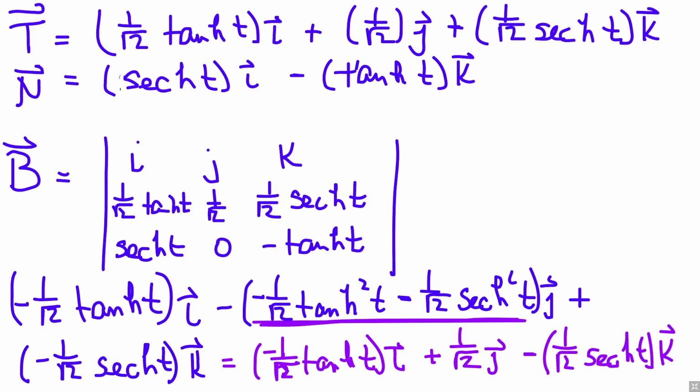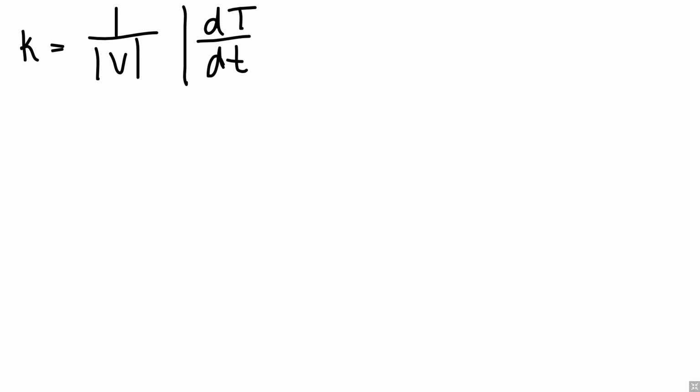All right, so the last thing we need to do is the curvature. For the curvature, kappa, that's going to be 1 over the magnitude of the velocity times the magnitude of the derivative of the unit tangent.